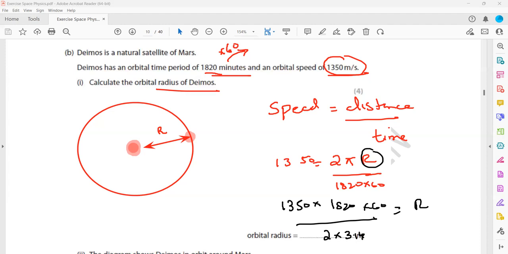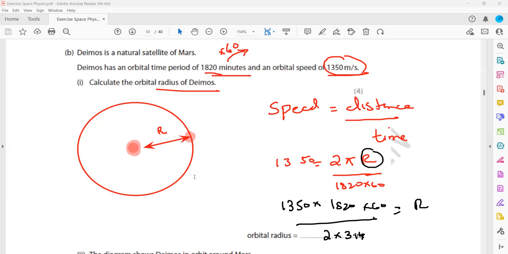Pi is 3.14. So what's the final answer for the orbital radius? Whenever the number is big, you can represent it with an exponent.